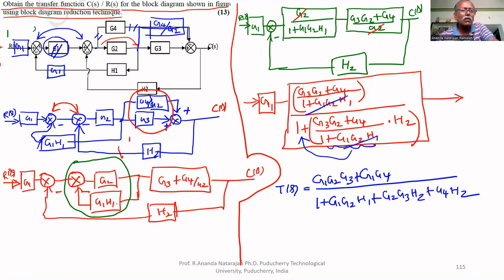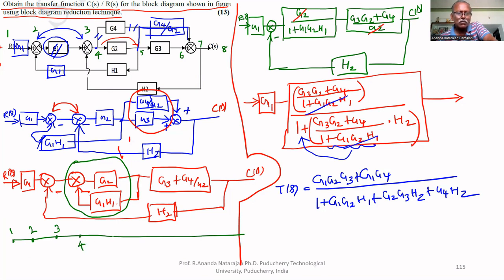This is node 1, node 2, node 3, node 4, node 5, node 6, node 7, and node 8.